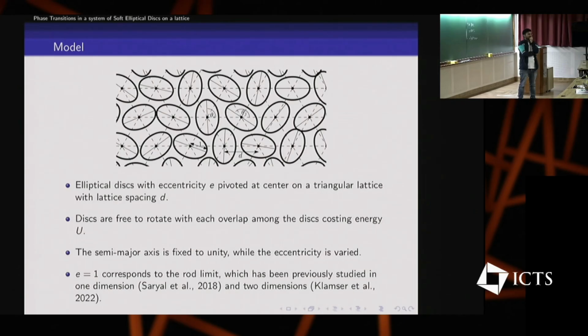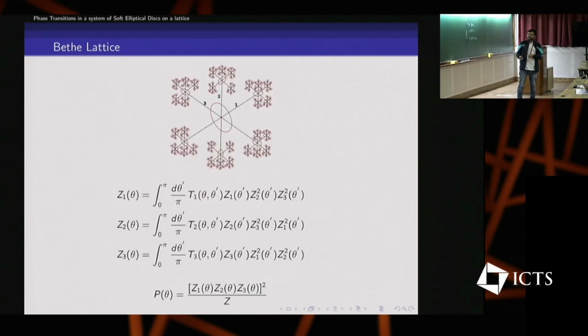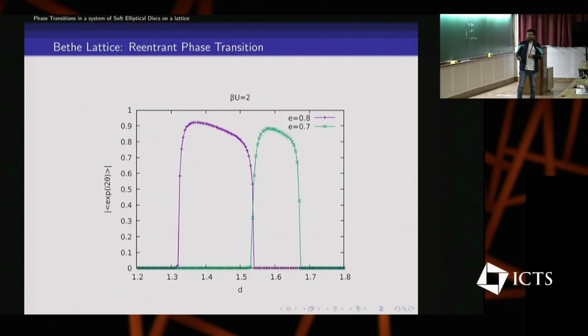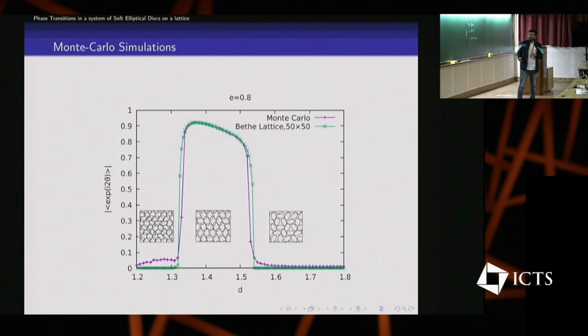We are investigating what's happening, whether this transition is different from the other transition, whether these two transitions are in the same universality class or not. We don't know yet. As you can see here, in this configuration they overlap and it becomes disordered. And here there is overlap also, but we're just investigating.